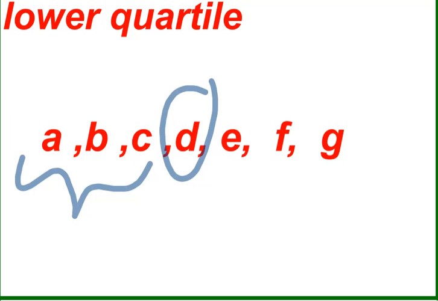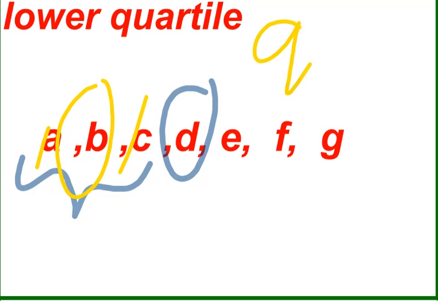So looking at this, we need to find our middle number, and if you cancel from both sides going inward, we can see that B is our Q1, and lower quartile is represented as Q1. So that's our first quartile or Q1, and that's our middle number in our lower quartile. So that's our lower quartile. So B is our Q1.